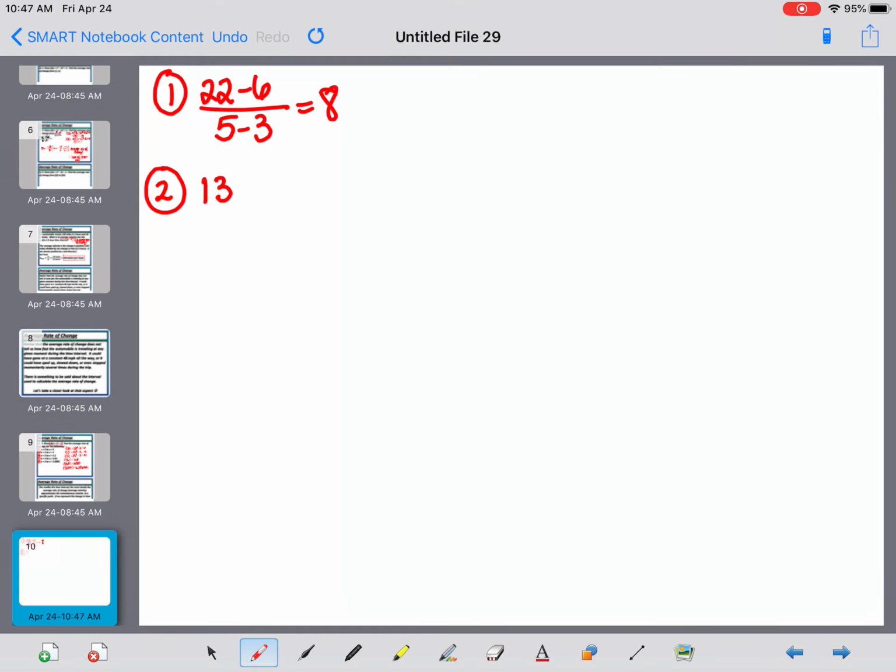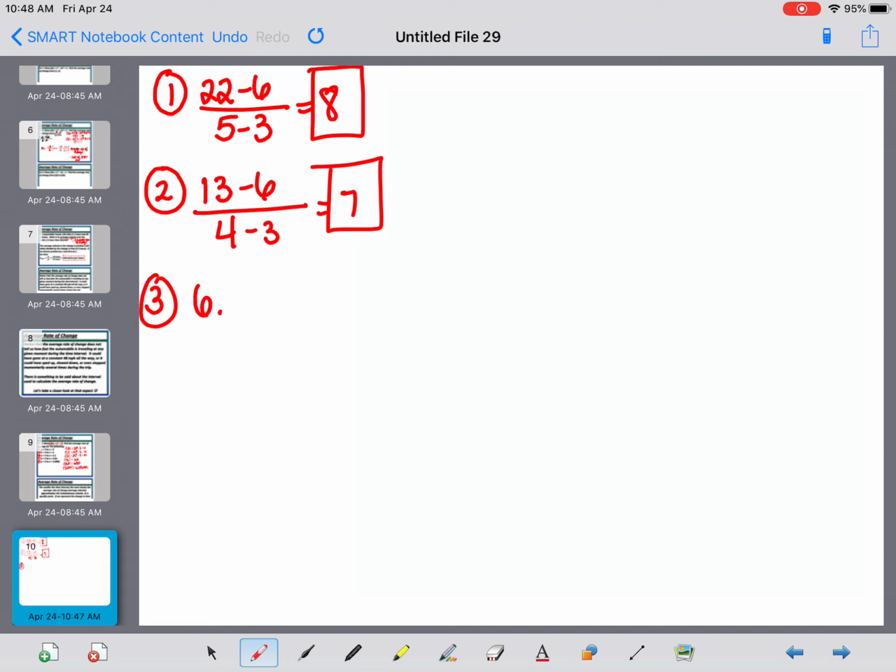Okay, and we get an average rate of change of 8. All right, so we're just setting each one of these up.